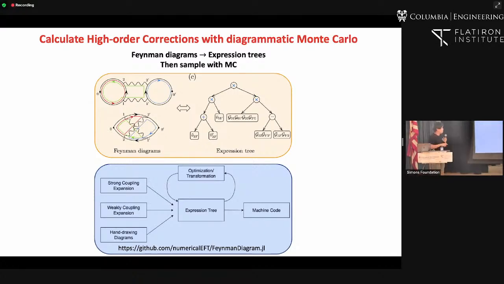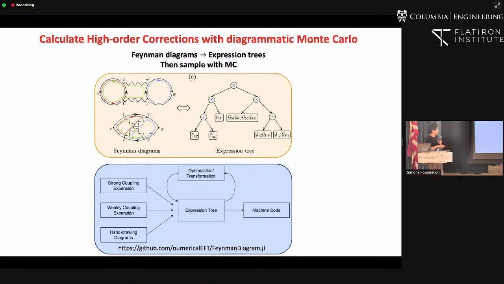And then you can translate these diagrams into a language which machines understand, basically an expression tree. The leaves of the expression tree are the Green's function and the interaction, and the nodes are operations, the sum and the product.